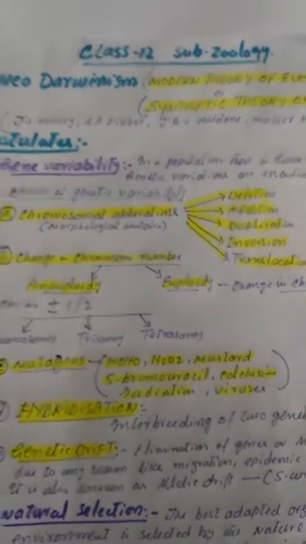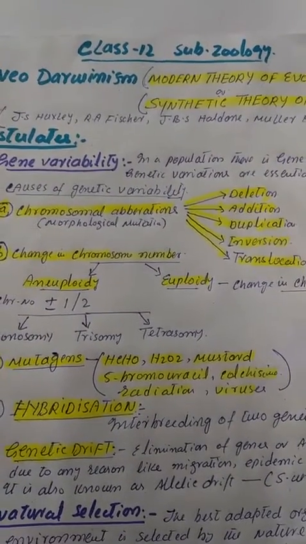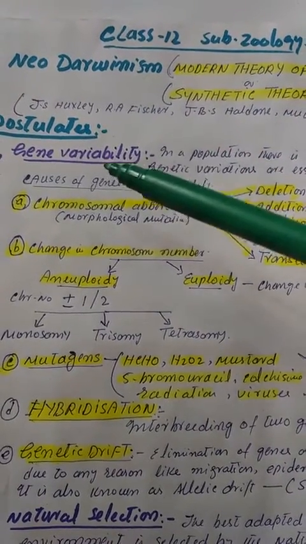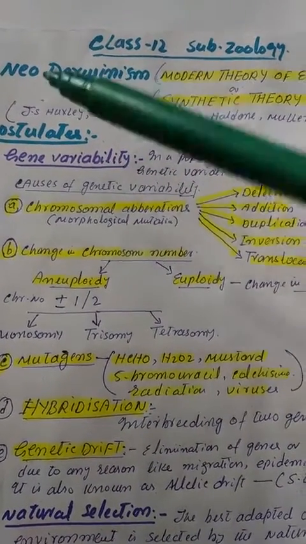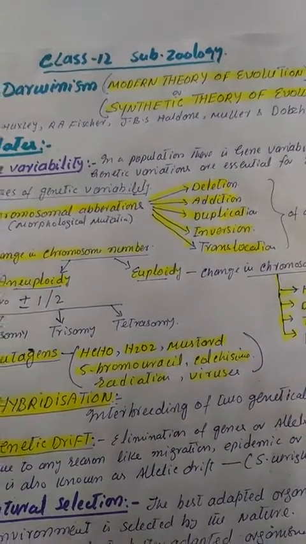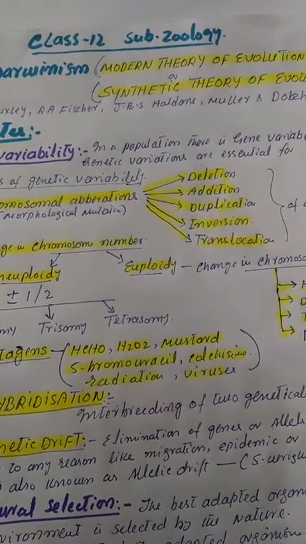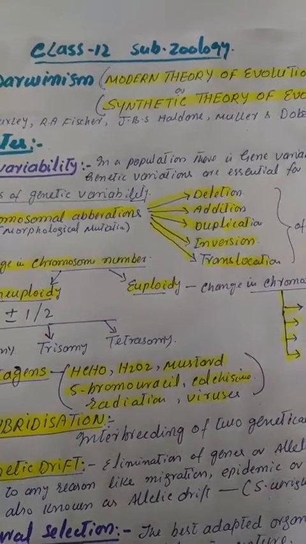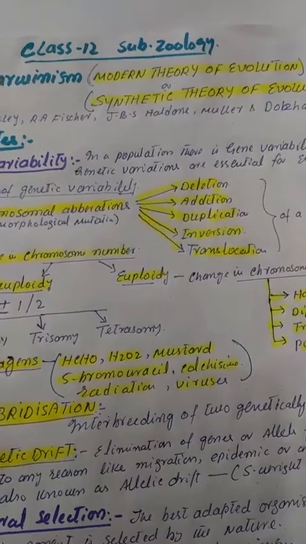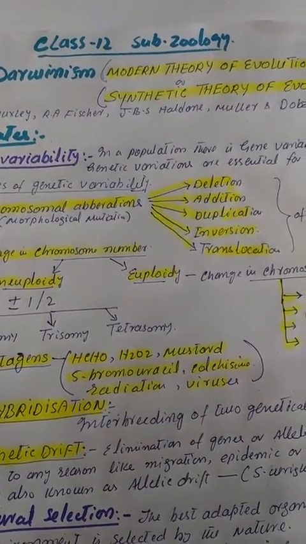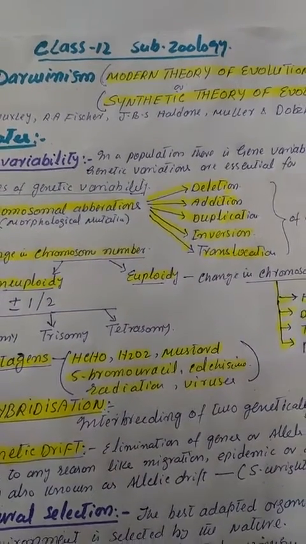The main postulates of this theory are: number one, gene variability. In a population, there is gene variability, and genetic variations are essential for evolution. There are many causes of this genetic variability.